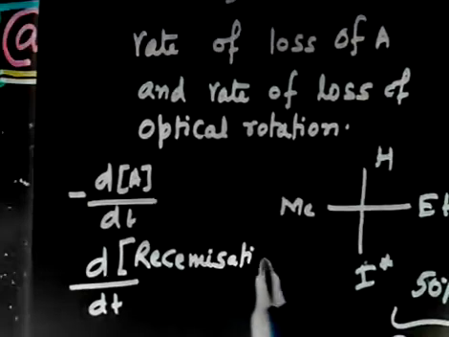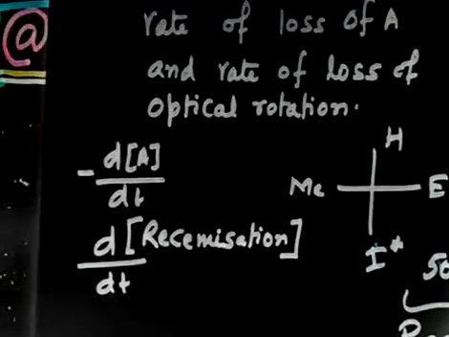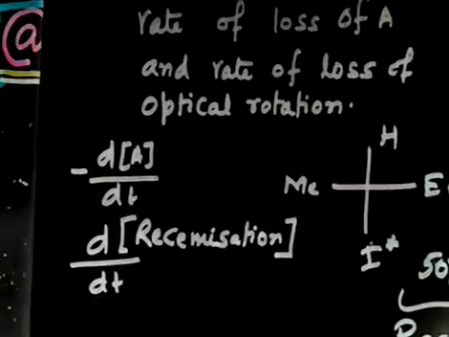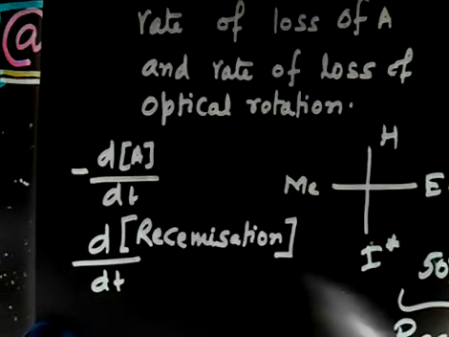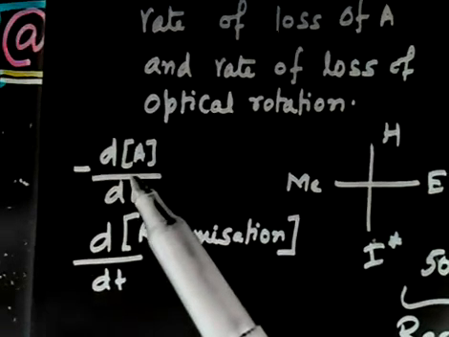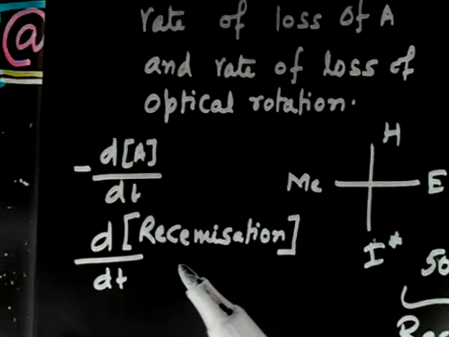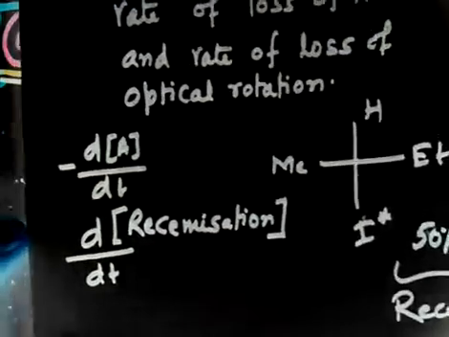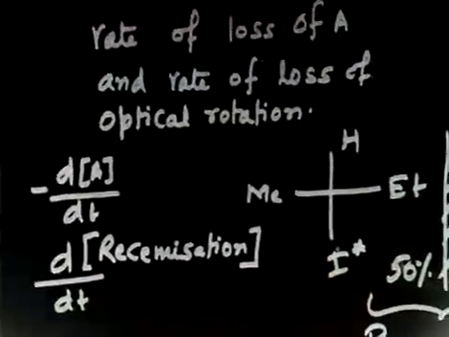We can basically relate these two rates, and this relation has been studied. In the experiment, I don't exactly remember, but there is a relation of either 2 times: the rate of loss of A is 2 times the rate of racemization. Are you getting it? We'll discuss this problem sometime. Let us go for the next problem.